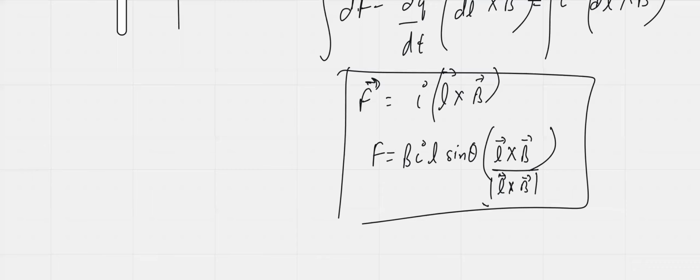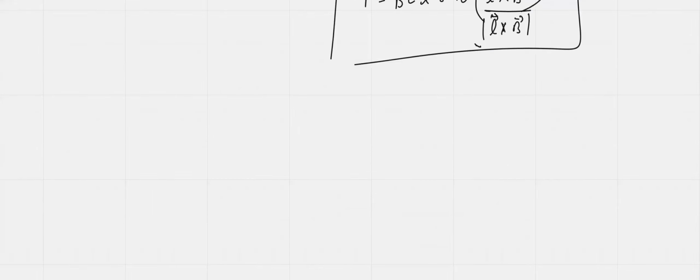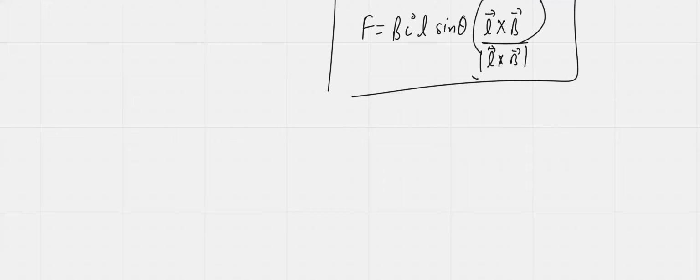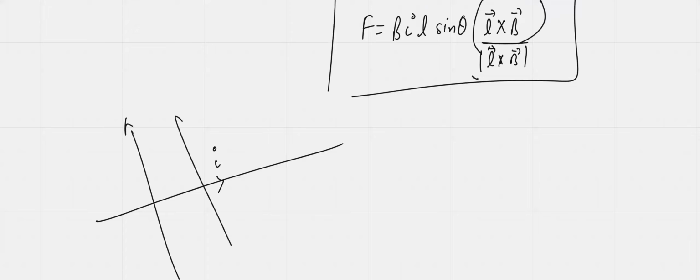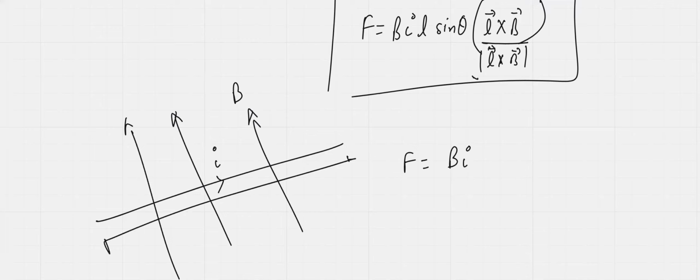Now, I have one more doubt. If I say this is the length of a conductor carrying current I, and it is placed in some magnetic field this way, and I ask you what the force is, you will say B, the magnetic field, I the current, and L the length.